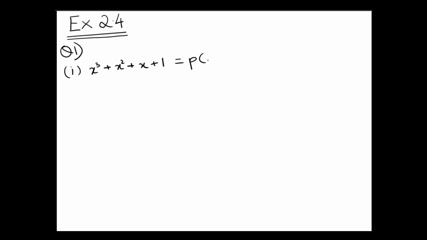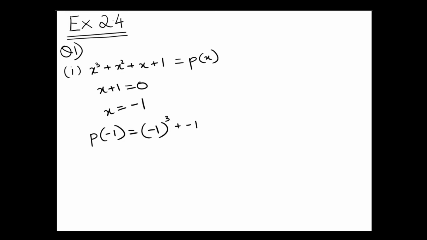So let me call this polynomial p of x. The divisor in this case is x plus 1. Taking the 0 of this divisor, I get x equal to minus 1, and therefore through the factor theorem I'm going to try and calculate p of minus 1 and see if it is equal to 0.